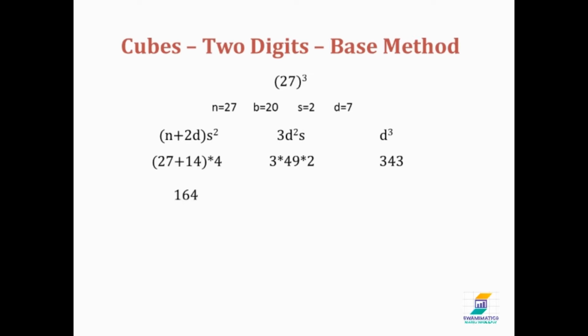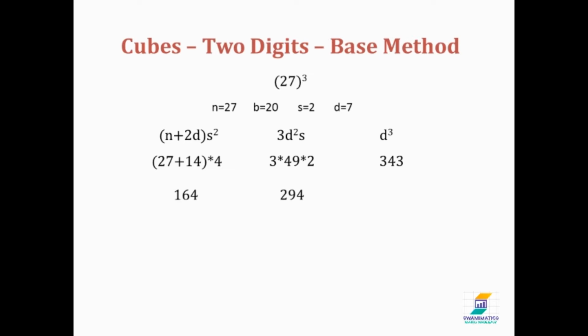Now if you look at the first term, 27 plus 14 is 41. 41 into 4 is 164. It's a straight multiplication. I don't think you need to have any problem. The next one is 3 into 49 into 2, that is 6 into 49. How will you do 6 into 49?